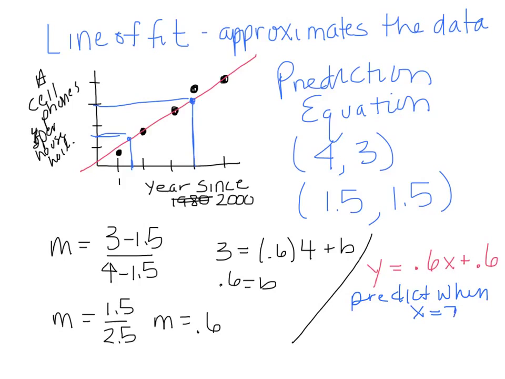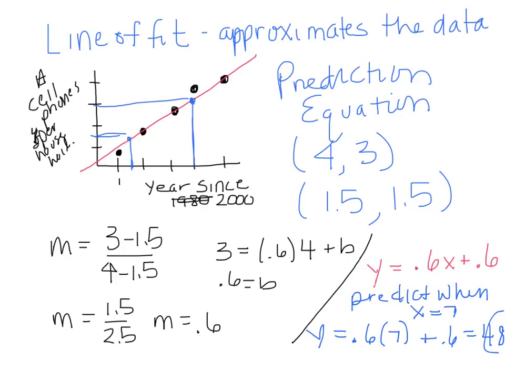That'll be the year 2007. So in the year 2007, the average number of cell phones per household we might expect to be 0.6 times 7 plus 0.6, and that number comes out to be 4.8. You might expect 4.8 cell phones per household on average in the year 2007.